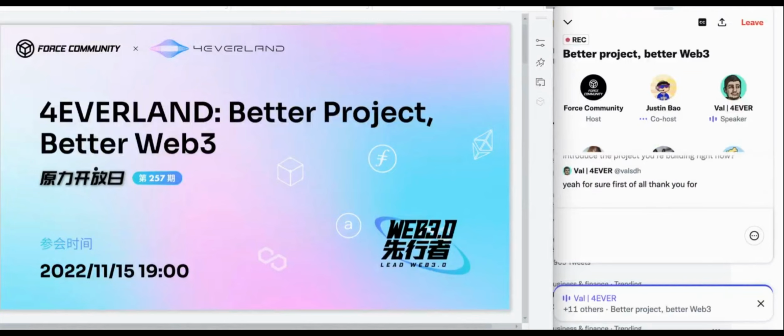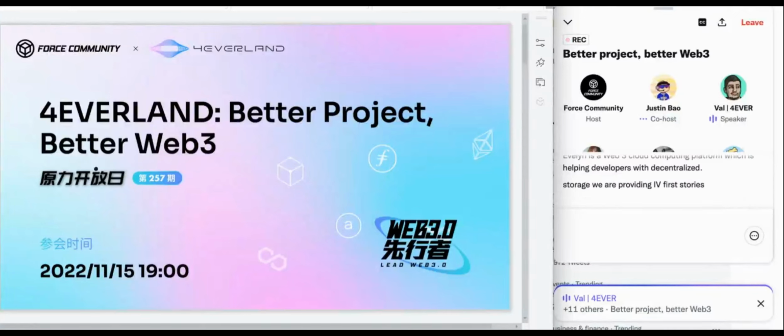Yeah, for sure. First of all, thank you for the introduction. You just presented the current market stage, and I think that's really what it is. Although there is a bear market right now, we still see how many development teams keep building, and among them, of course, 4EVERLAND. 4EVERLAND is a Web3 cloud computing platform, which is helping developers with decentralized storage.